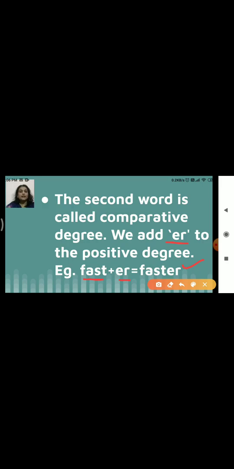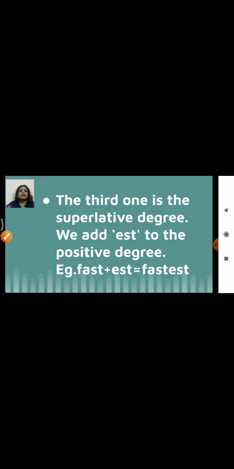Here we compare two things. When we have to put the comparative degree, we compare two things with each other. So it is comparative degree. Then comes the third one. The third one, the last one, is called superlative degree.